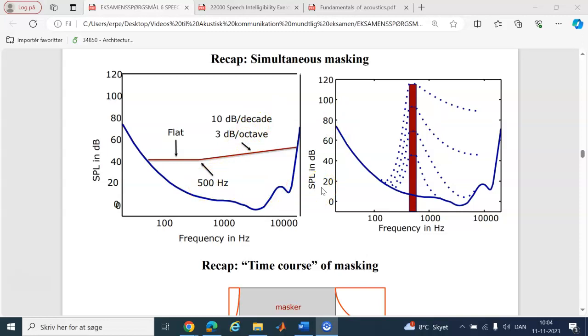Then when the frequency is above 500 Hz, there will be a 10 dB decrease in SPL per decade from 1000 to 10,000 Hz, or a 3 dB increase in SPL per octave from 1000 to 2000 Hz, for instance. Below 500 Hz, this masking curve is flat.